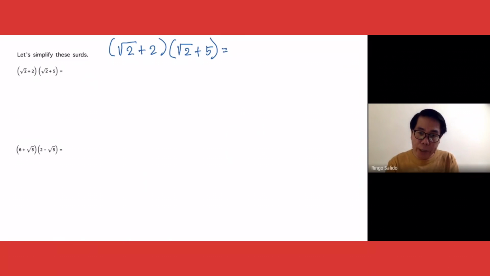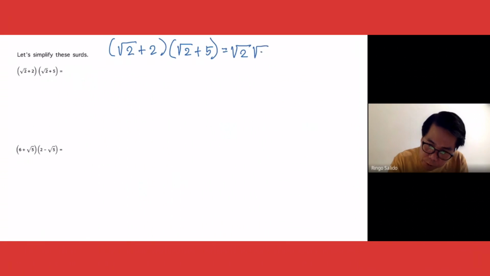Using FOIL, root of 2 times root of 2 will give us root of 2 times root of 2. And then we have the outside: root of 2 times positive 5 is positive 5 times root of 2.